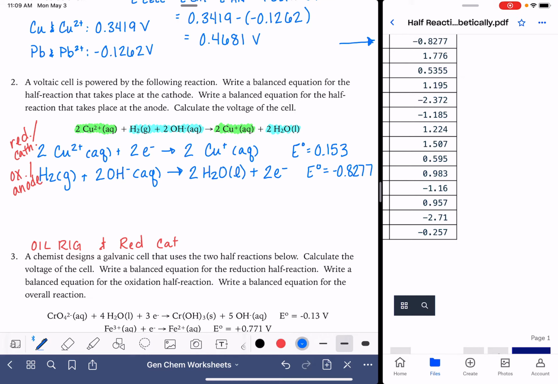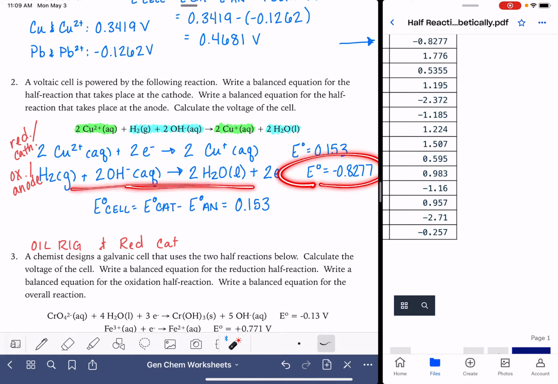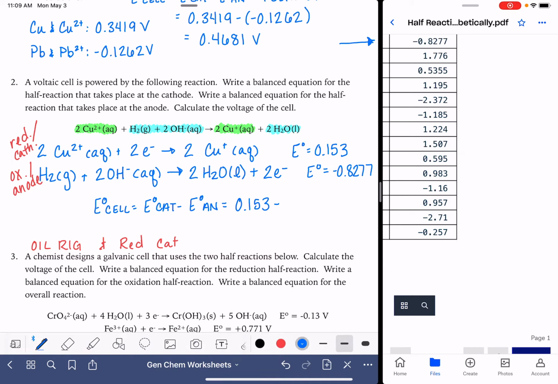And then last but not least, calculate the voltage of the cell using our equation E cell equals cathode minus anode. So we're going to plug in the value at the cathode, which is 0.153, and also the value at the anode. Now remember, we turned this equation around and I said don't change the sign on this, leave it a negative sign. Here's why. The equation is built in with a negative sign.